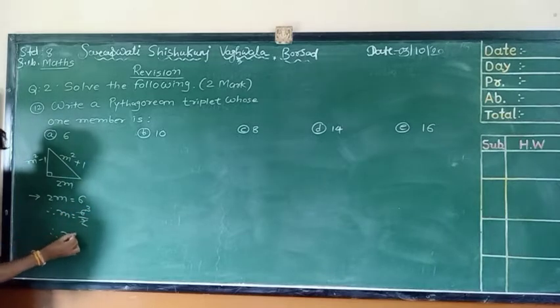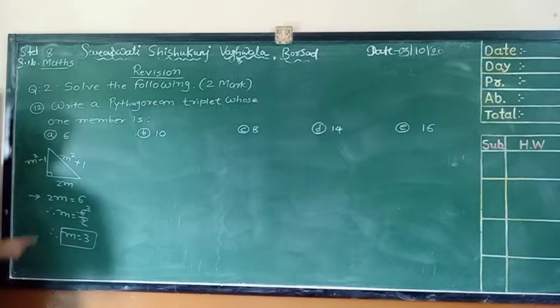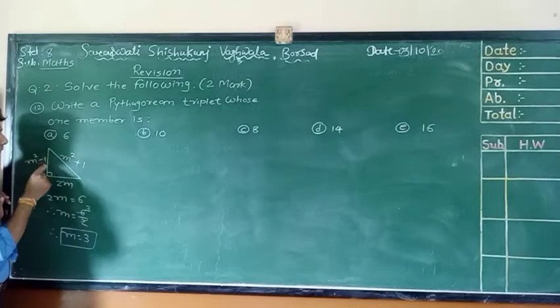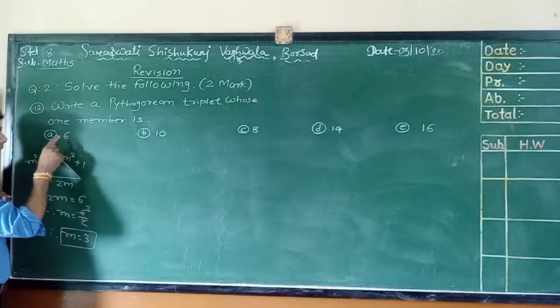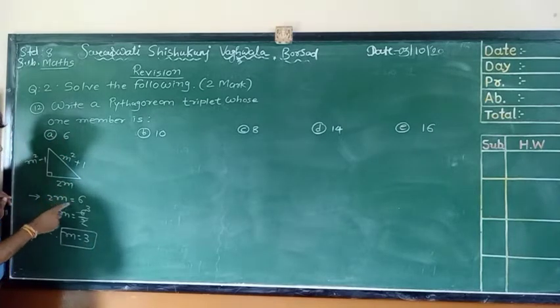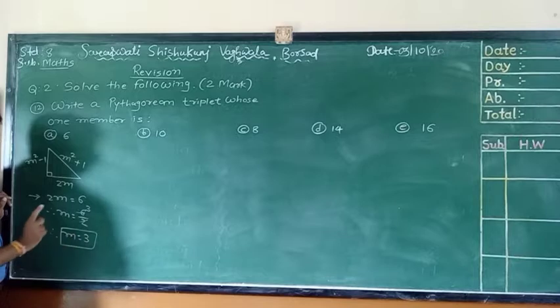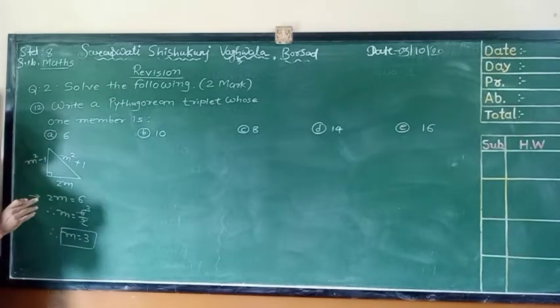So m equal to 3. Once again, this measurement is 2m and its measurement is already given. Means from these three sides, one side measurement is given. Suppose we take one side, and the given measurement is equal to 6. So you can write 2m equal to 6. 2 is going downside. That means in short we got the m value. The m value is 3. Now we want to find the other two remaining values.